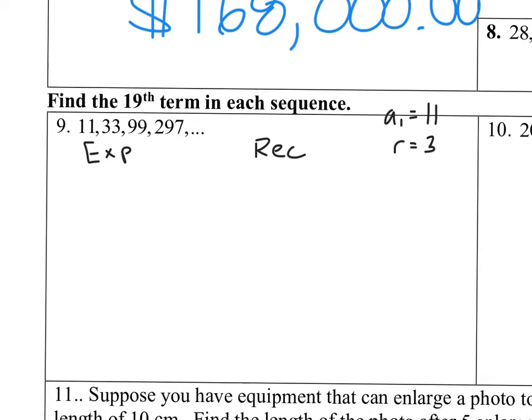So my explicit formula is going to be a sub n equals the first term, 11, times 3 to the n minus 1, because we're talking about a geometric sequence, not an arithmetic one.